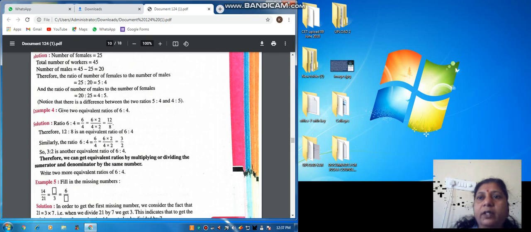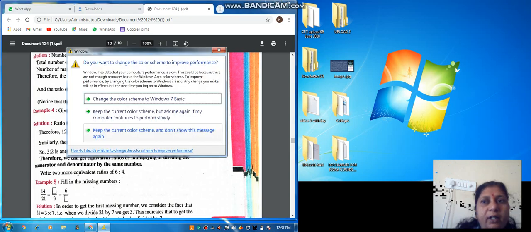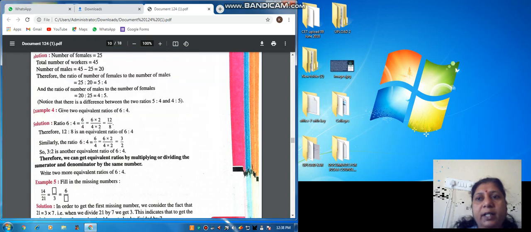Okay, so see the fourth example. Give two equivalent ratios of 6 as to 4. So see here, the ratio is 6 as to 4. That means if we represent it as a fraction, we get 6 upon 4. And in fractions, we know how to calculate equivalent ratios. We have to multiply or divide the numerator and denominator by the same number.